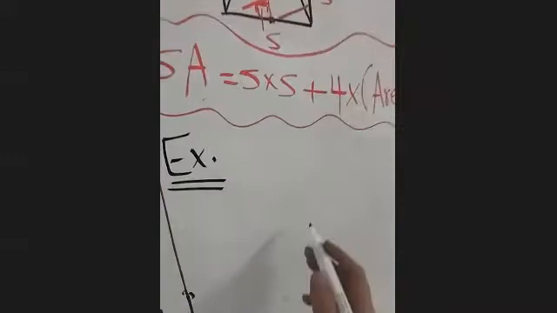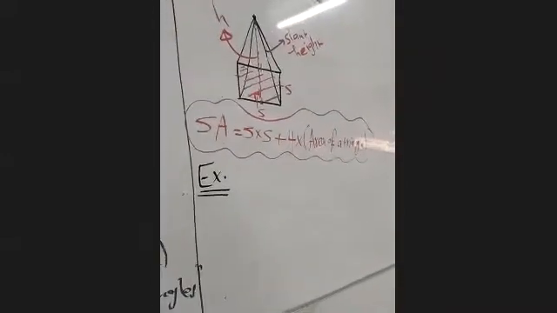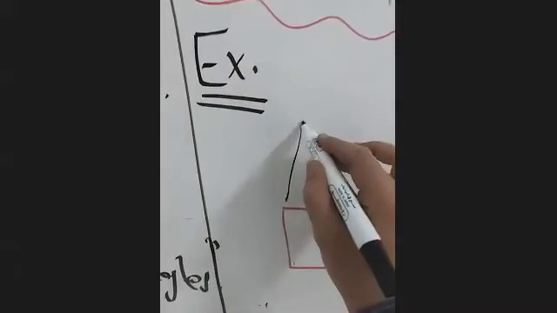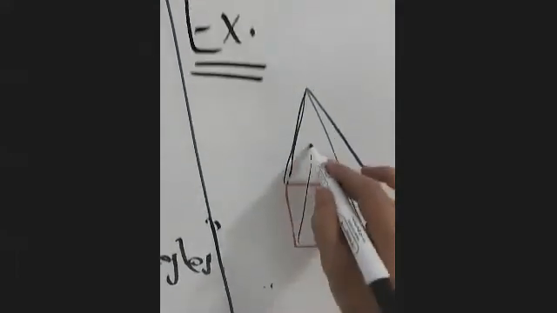For example, this square pyramid here, I will use 2 colors just to clarify it more. This is the square, the base, and I have 4 triangles around. Focus, please.